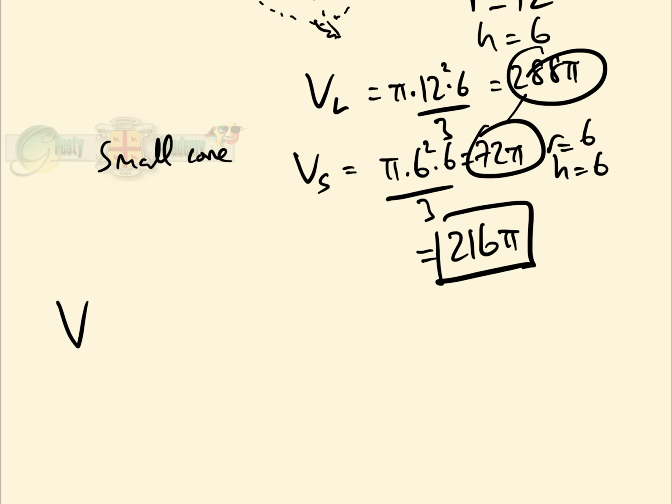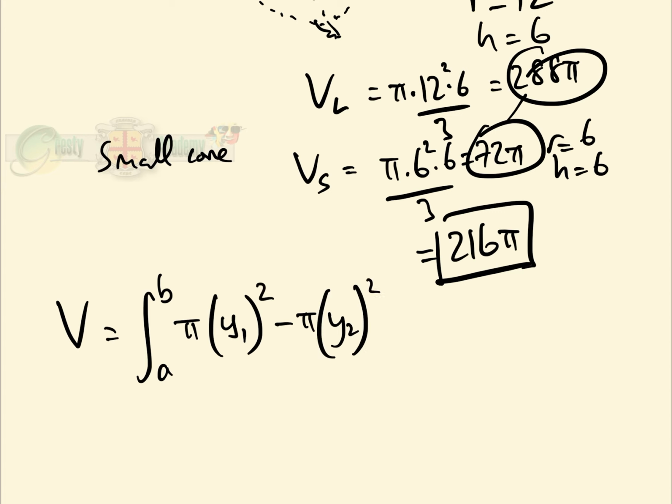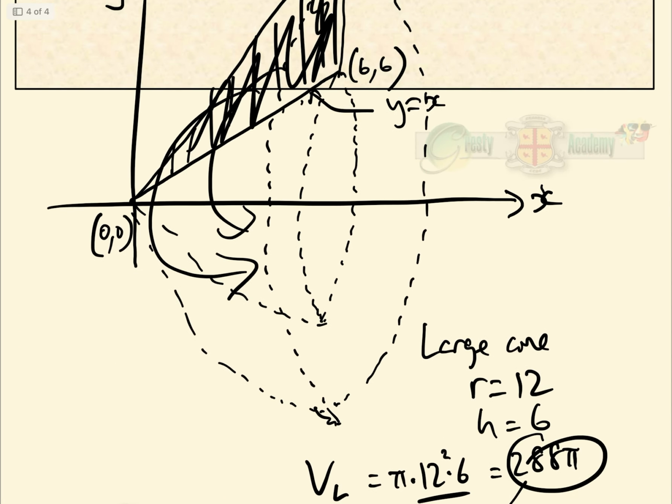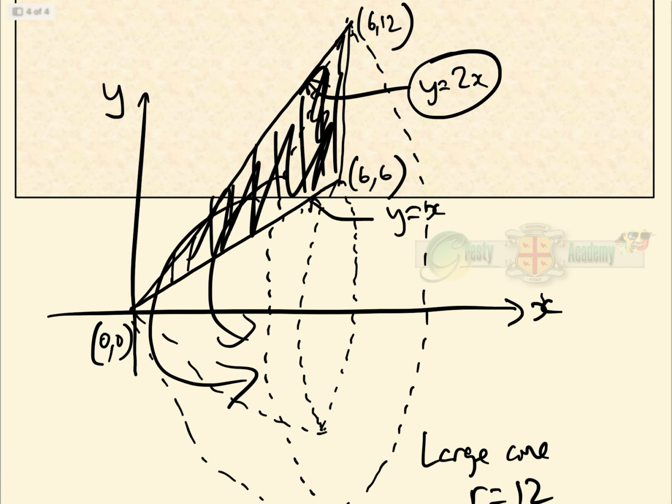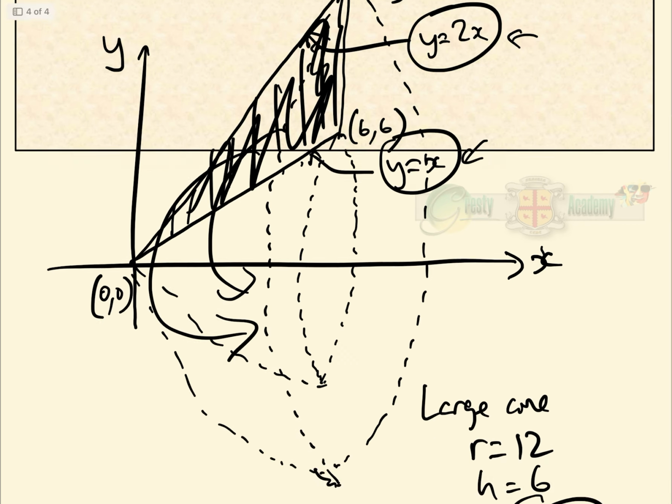Now, the formula is very similar to the formulae we've just looked at. The volume of a region is equal to the integral between a and b of pi times y1 squared minus pi times y2 squared dx, where y1 is the larger of the y's. In this case, y equals 2x is larger than y equals x, i.e. it's further away from the x-axis, so y1 will be 2x and y2 will be x.